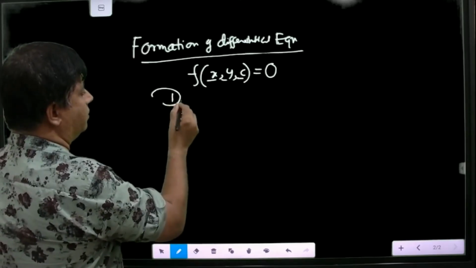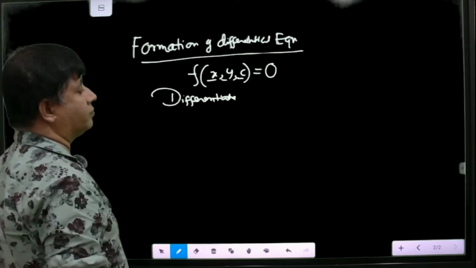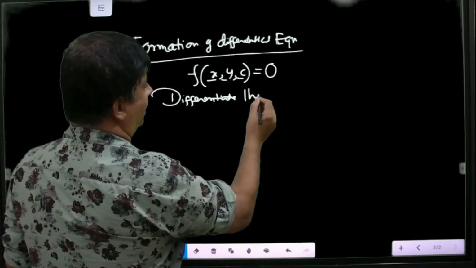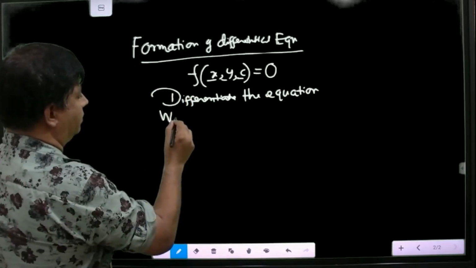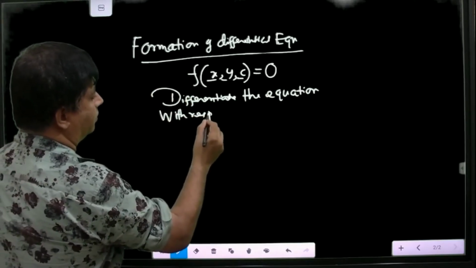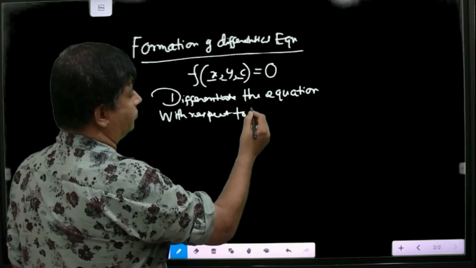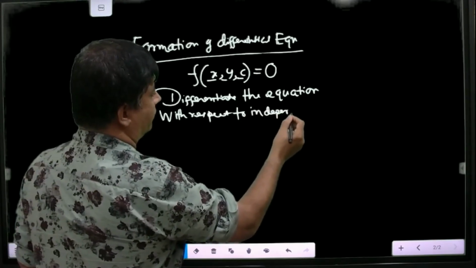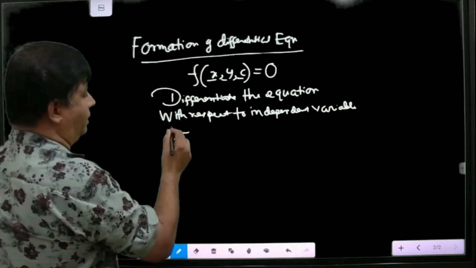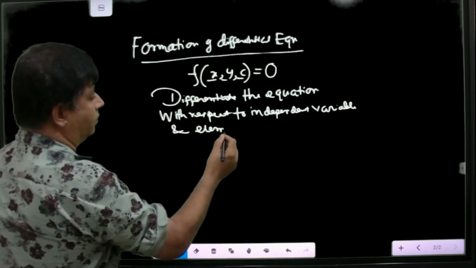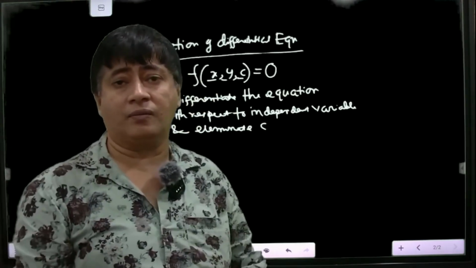First, differentiate the equation with respect to the independent variable and eliminate C. C has to be eliminated, meaning the parameter.